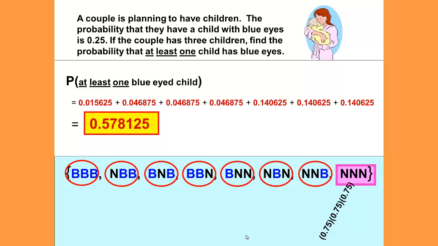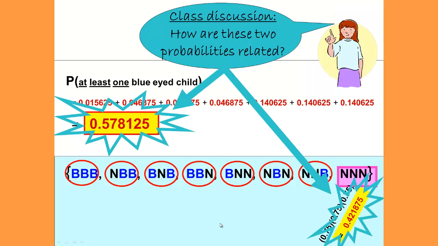The probability of not being a blue-eyed child is simply 0.75 times 0.75 times 0.75, which is 0.421875. And since those two have to be related, how?